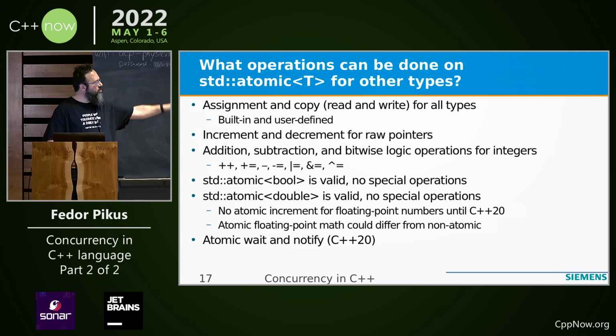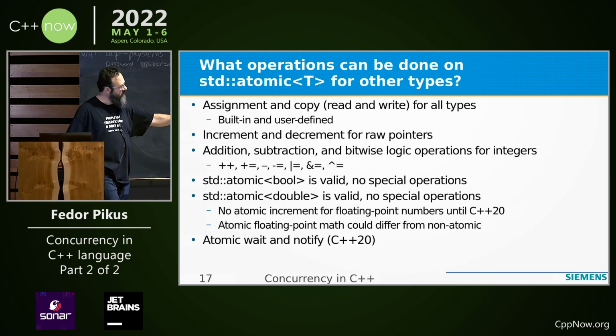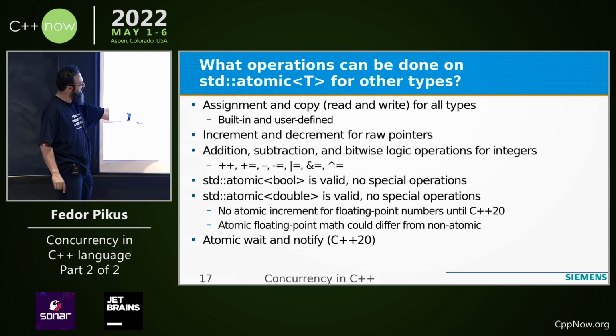Okay, atomic bool is valid. If you're thinking about vector of bool, don't. It's just an atomic of a single byte type. Atomic double is valid, but no arithmetic operations, just read and write. No addition, no multiplication, none of that stuff. Until C++20 arrived.